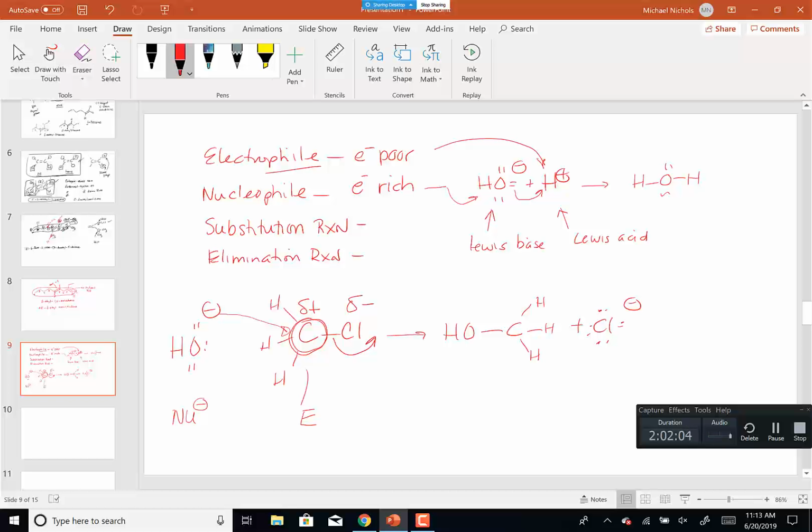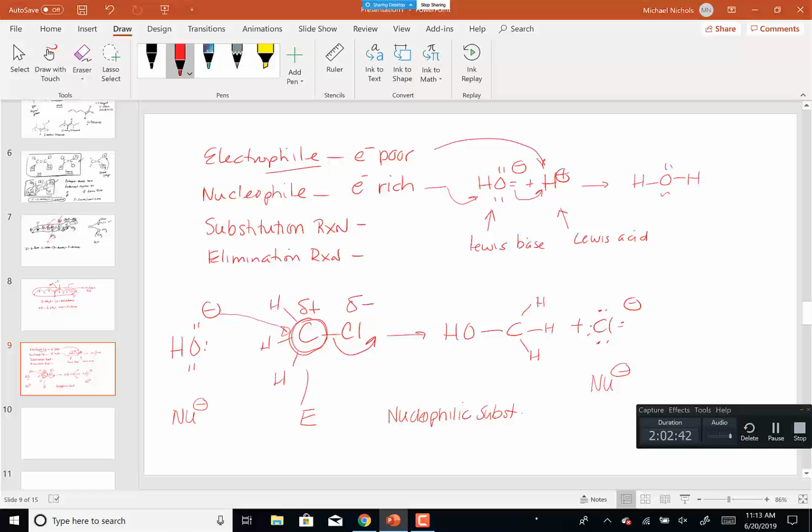And I've also created then a nucleophile on the other side. So I've substituted one nucleophile for another. And that was the key word. I've done a substitution reaction. I've replaced the chlorine with hydroxide. So this is a nucleophilic substitution reaction, because I'm substituting one nucleophile for another.